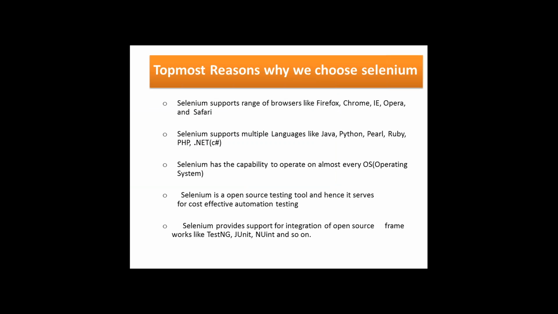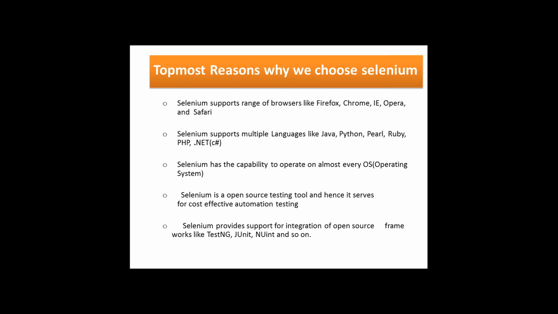Whereas in QTP, the person must be aware of VB scripting. That one-language restriction is not available in Selenium. If you know any one popular language like Java, Python, C#, or PHP, compared to VB scripting, we can easily find more and more experts in the Selenium field.